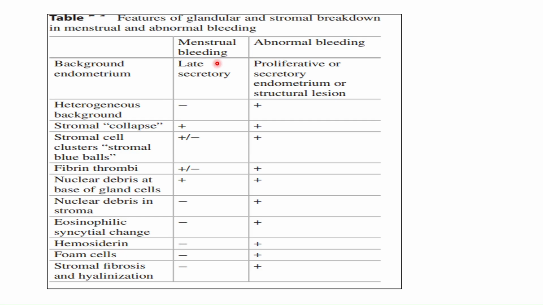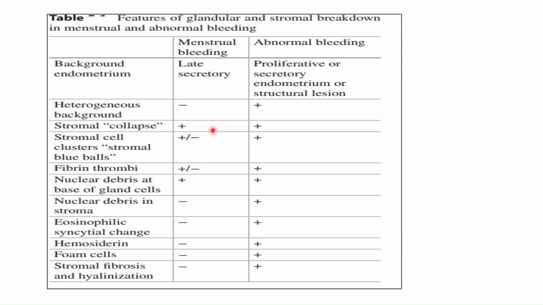Background endometrium in menstrual bleeding is late secretory, while in abnormal bleeding it is proliferative or secretory or some structural lesion is there. Heterogeneous background is present in abnormal bleeding, absent in menstrual bleeding.